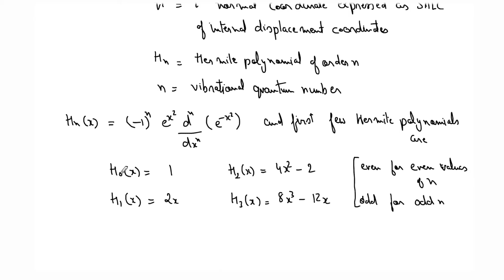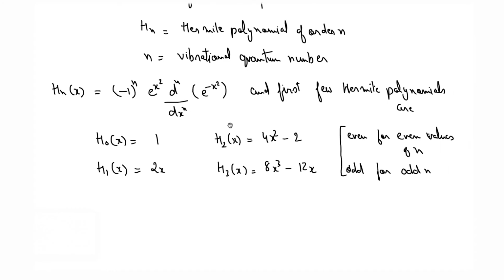That trend can be seen. So n equal to 0, the function is even. n equal to 1, the function is odd. n equal to 2, the function is even again. n equal to 3, the function is odd again, right? So all we care about is whether it's even or odd, because we are talking about integration and we are interested in symmetry, and we are not exactly interested in the functional form of this.